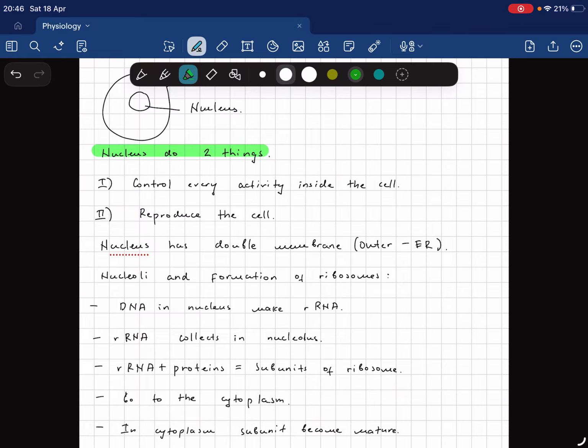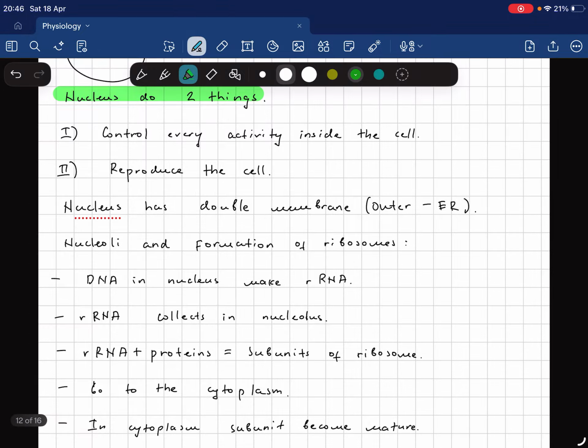And if I write down the steps of how the ribosomes are formed, firstly, we make the ribosomal RNA in the nucleus. The DNA in the nucleus has some codings, and that will make the ribosomal RNA, and that ribosomal RNA collects in the nucleolus and combines with some proteins, and they make the subunits of the ribosome.